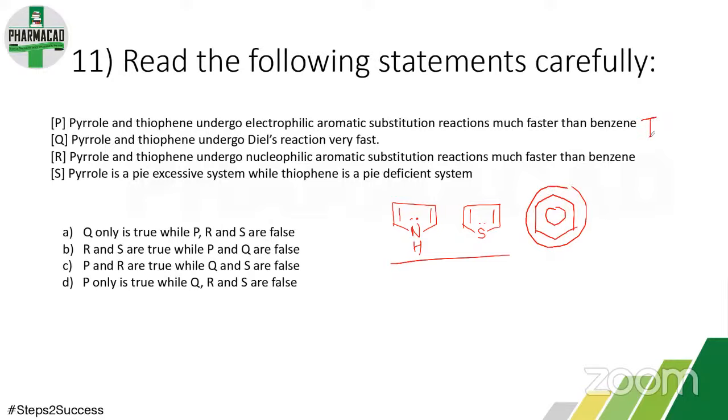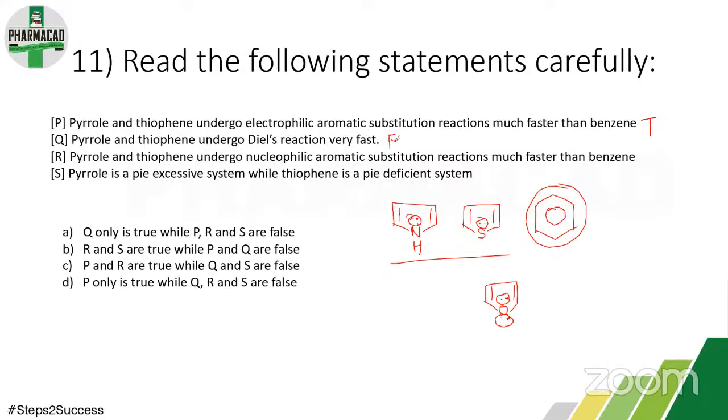Second, pyrrole and thiophene undergo Diels-Alder reaction very fast. If we compare pyrrole and thiophene with furan, furan has oxygen. Furan undergoes Diels-Alder reaction very fast because it has 2 lone pairs, while pyrrole has only one, thiophene also only one. So this statement is false.